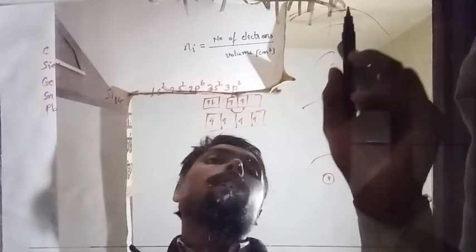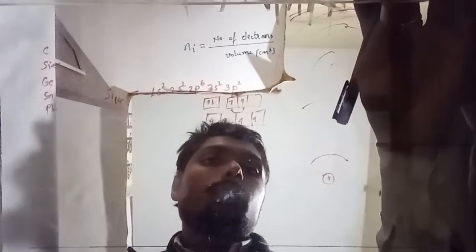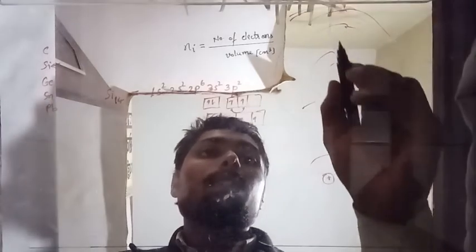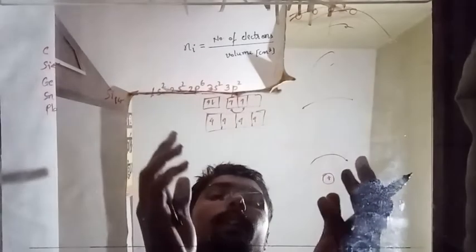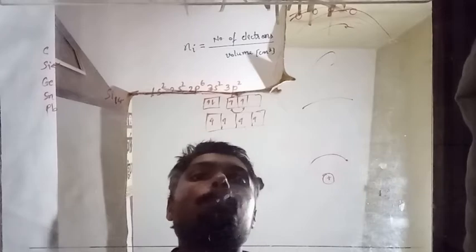In this there will be valence electrons. So valency 4 electrons are there. They will be in the spherical way, and they can be in any pair.